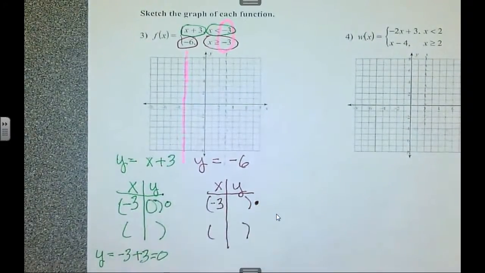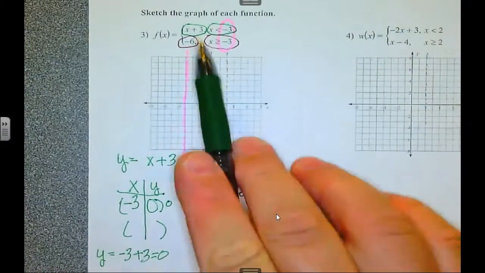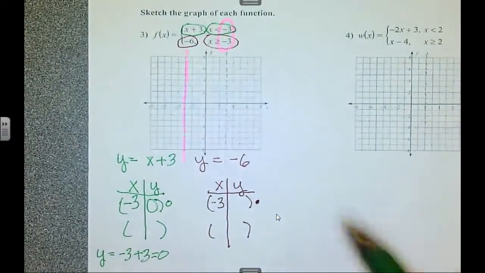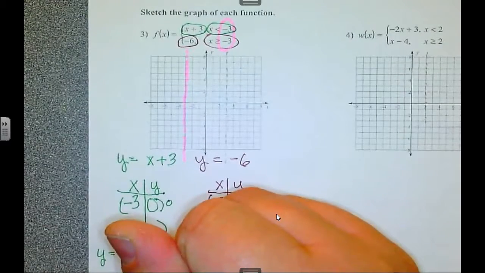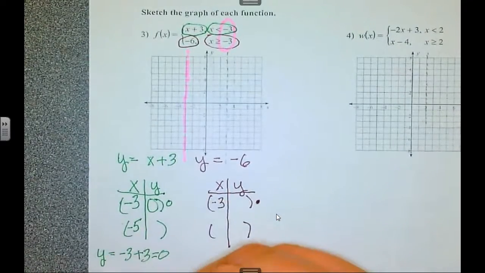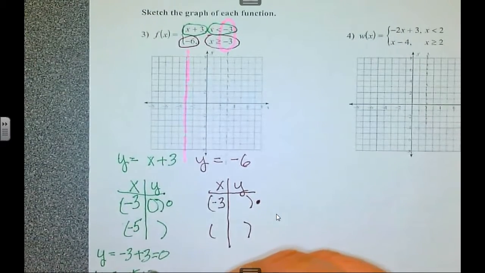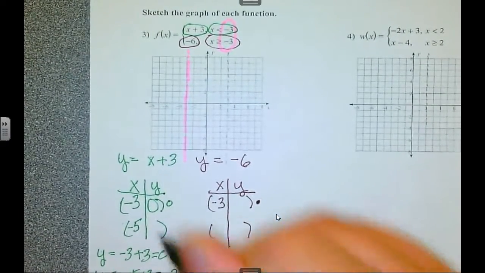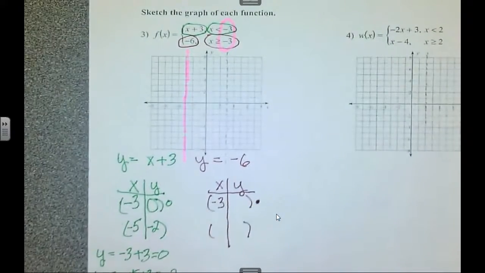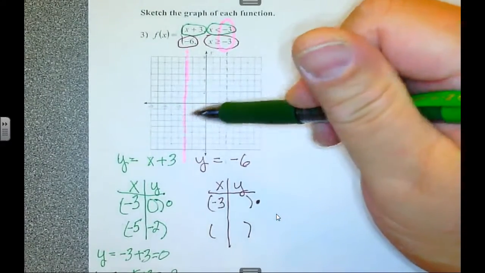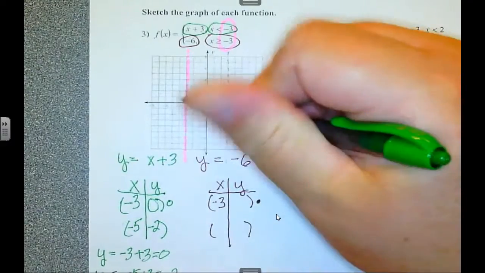Then I choose a point that is less than negative 3. I'm going to say negative 5. So y equals negative 5 plus 3, which equals negative 2. Okay, so I have an open circle, negative 3, 0.